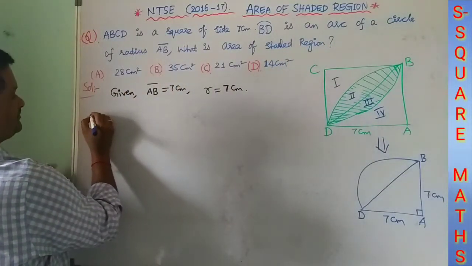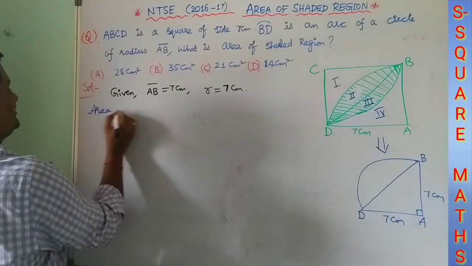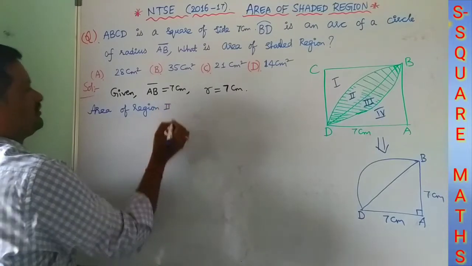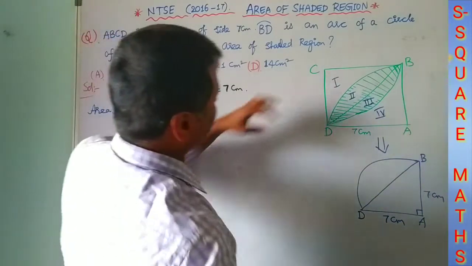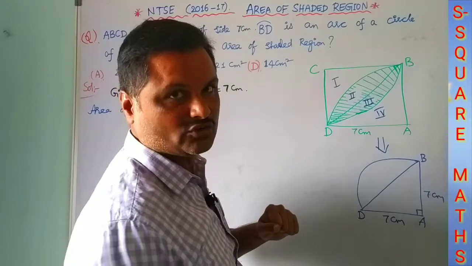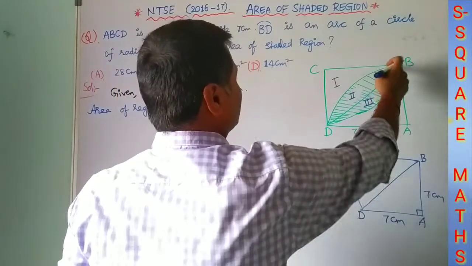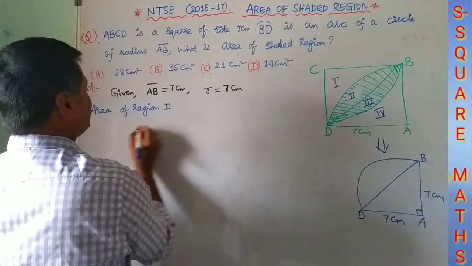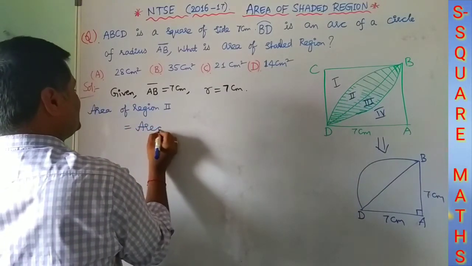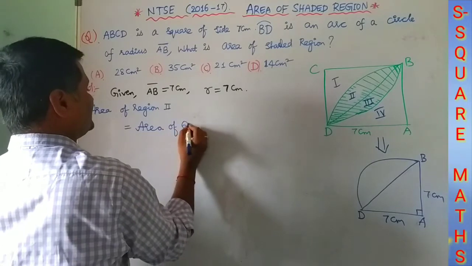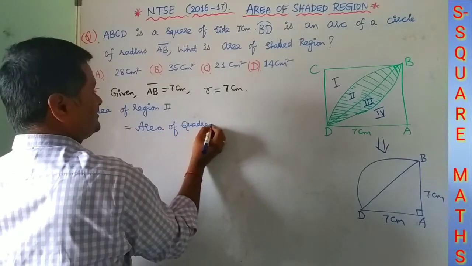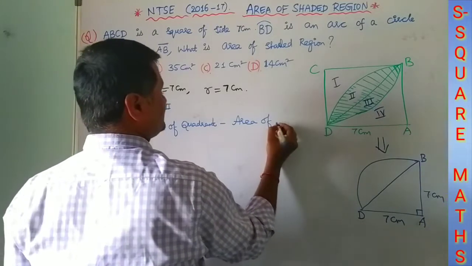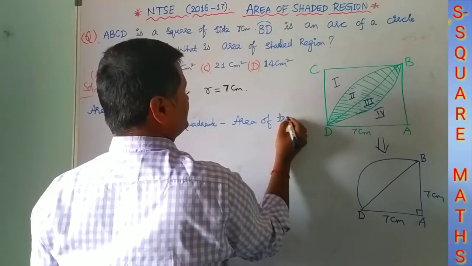So, area of region 2. How to get the area of region 2? Nothing but here, this is the area of region 2. To get it, area of quadrant minus area of triangle.